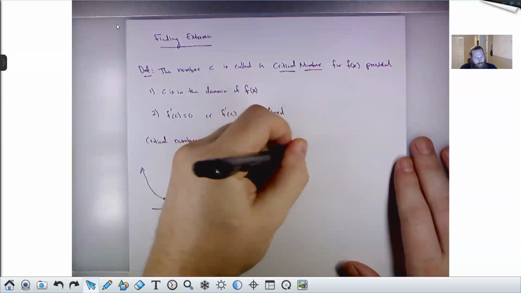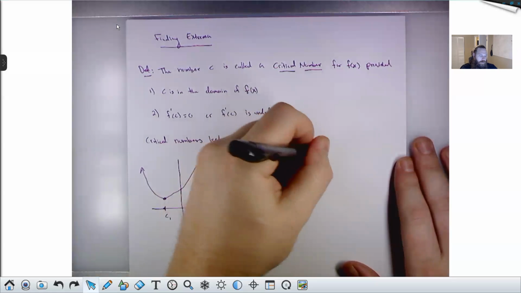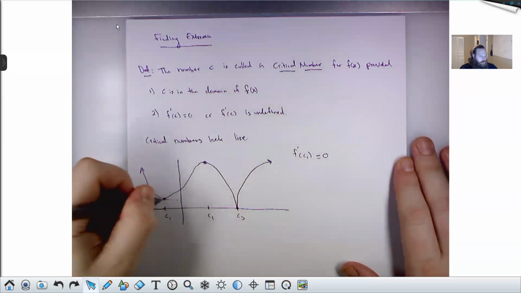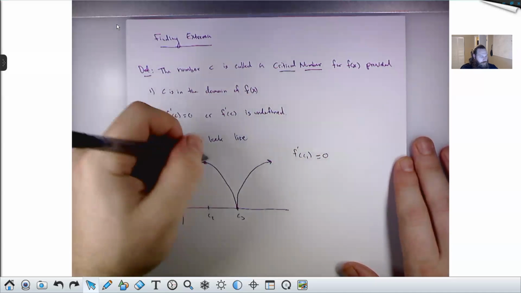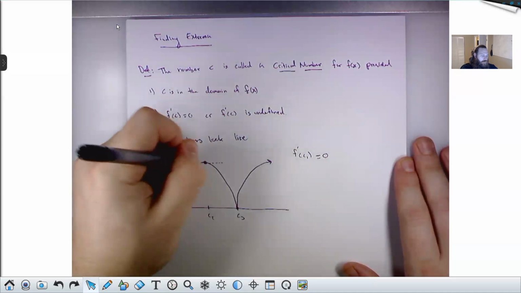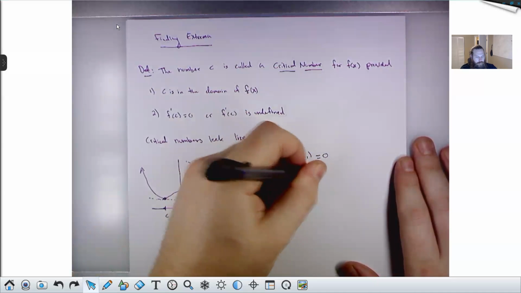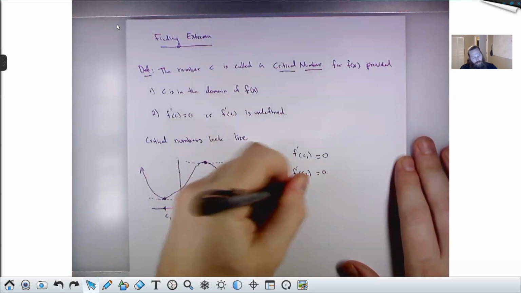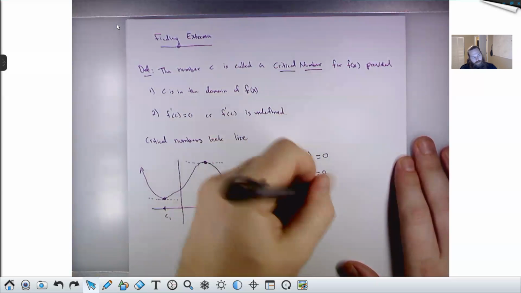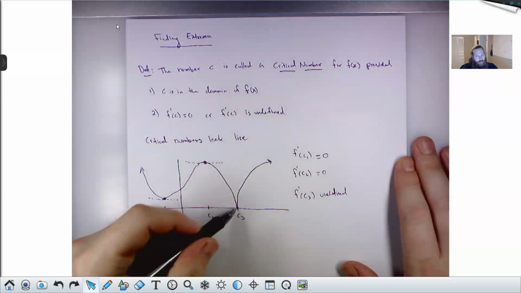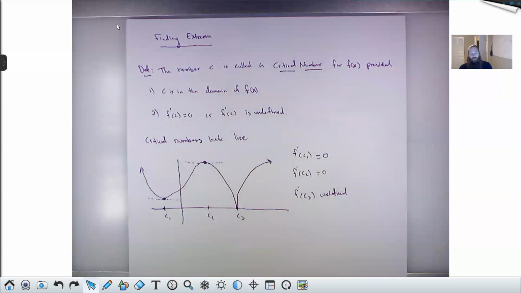So I'd say f prime of c1, that's 0, because yeah, horizontal tangent line right here. f prime of c2 is also 0. And f prime of c3, this is undefined. I've got a sharp point here, so definitely f is not differentiable, meaning f prime of that x value does not exist.